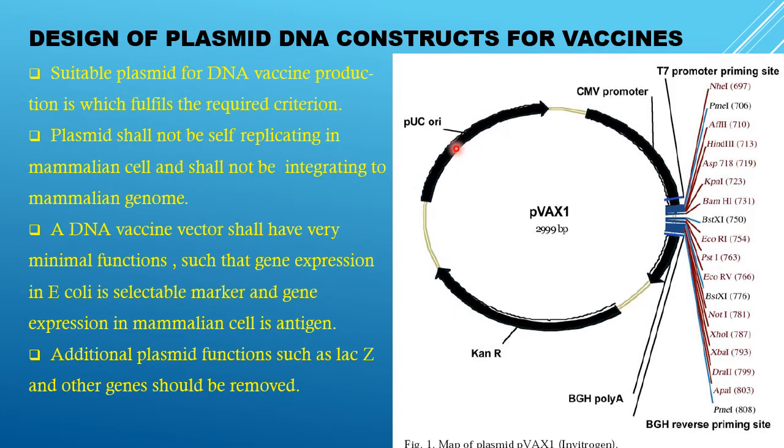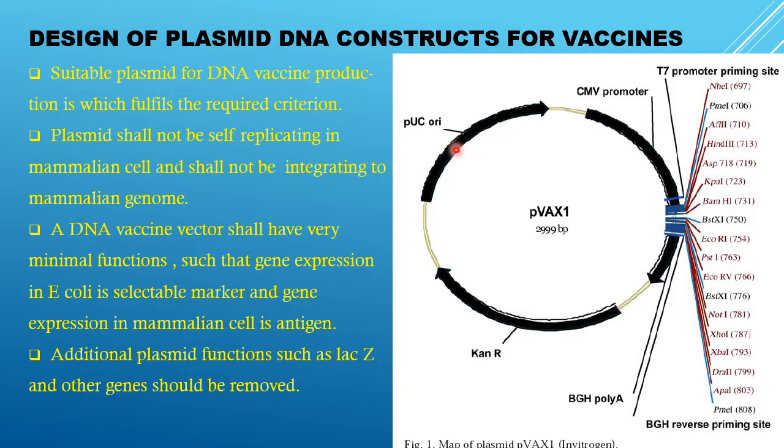So a large number of molecules per dose are required. Actually, in DNA vaccine, it is not that you produce 2 or 3 copies of DNA and incorporate them in an individual, and that will be curing the disease. You should understand that we need lots of that particular DNA vaccine, because when we are incorporating the DNA vaccine, it should be at such a level that it at least enters a few thousand or few lakh cells.